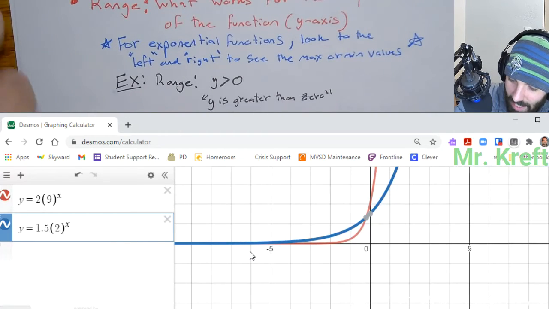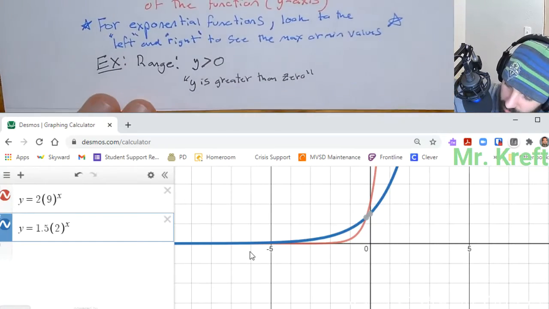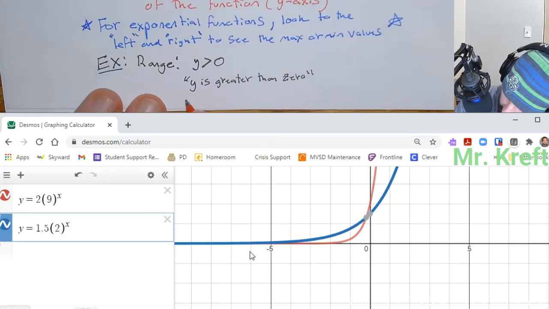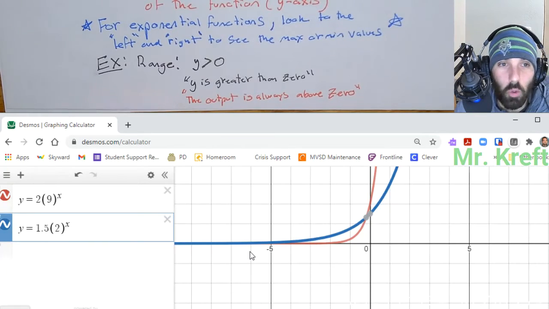And if I were to write this as a Kreft translation, y is greater than 0, what this is saying is the output is always above 0. I'm putting it in quotes because that's not a math thing.